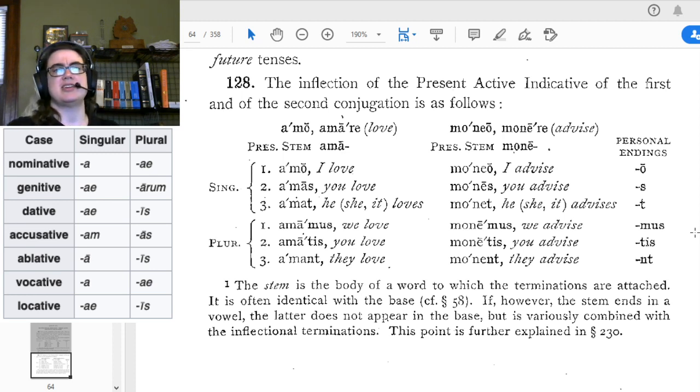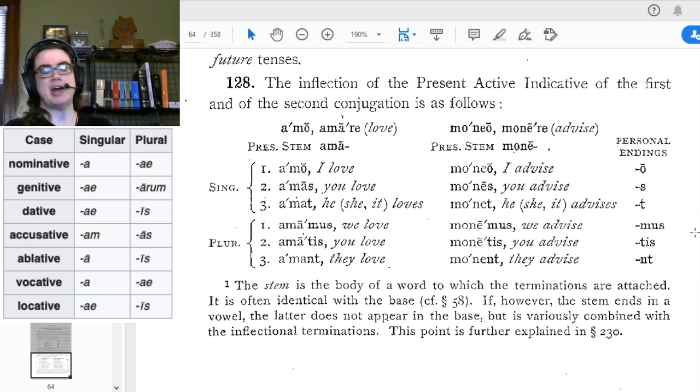So let's see what he's saying here. The stem is the body of a word to which the terminations are attached. Yep. It's often identical with the base. Yeah, it is. If, however, the stem ends in a vowel, the latter does not appear in the base, but is variously combined with the terminations. Fair enough.